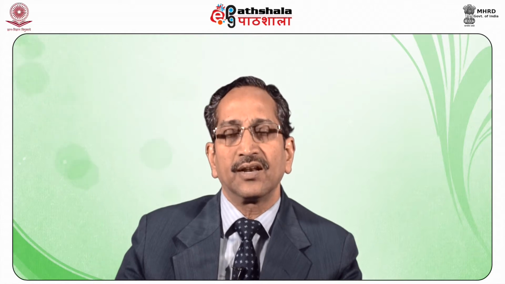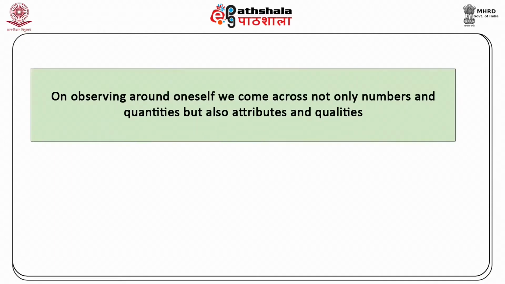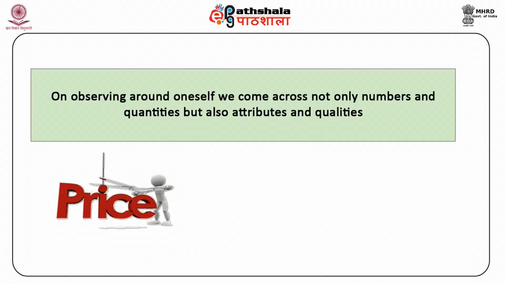On observing around oneself, we come across not only numbers and quantities, but also attributes and qualities. The quantitative that we commonly use include prices of goods and services, money income, wages, and so on and so forth.